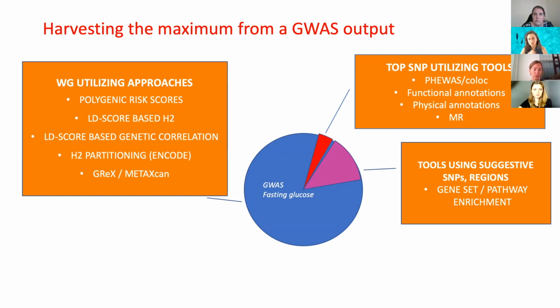Or you can look at the genetic correlation between traits, or you can partition this heritability looking at SNPs that are sitting on ENCODE marks, right? So you can say that, okay, heritability partitions, but it is valid for this tissue, that tissue, and this tissue. And finally, you can also look at genetically regulated expression through MetaXcan or PrediXcan tools.